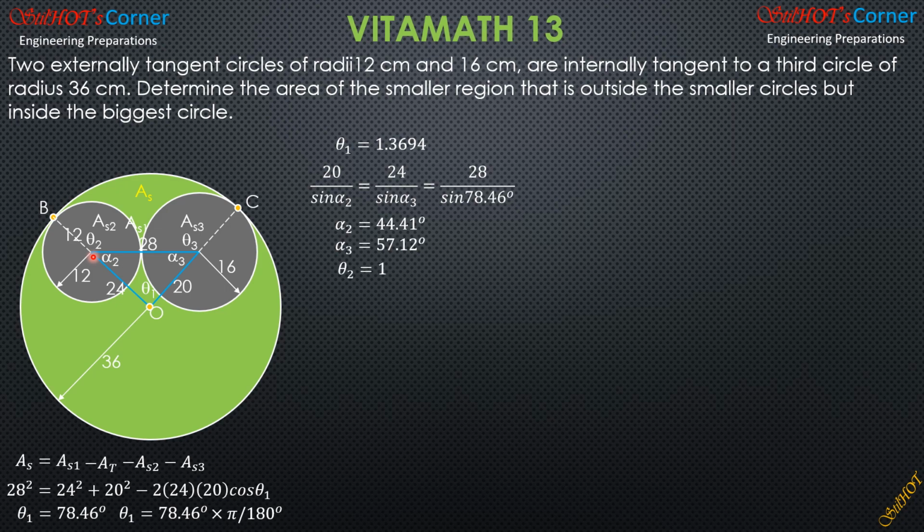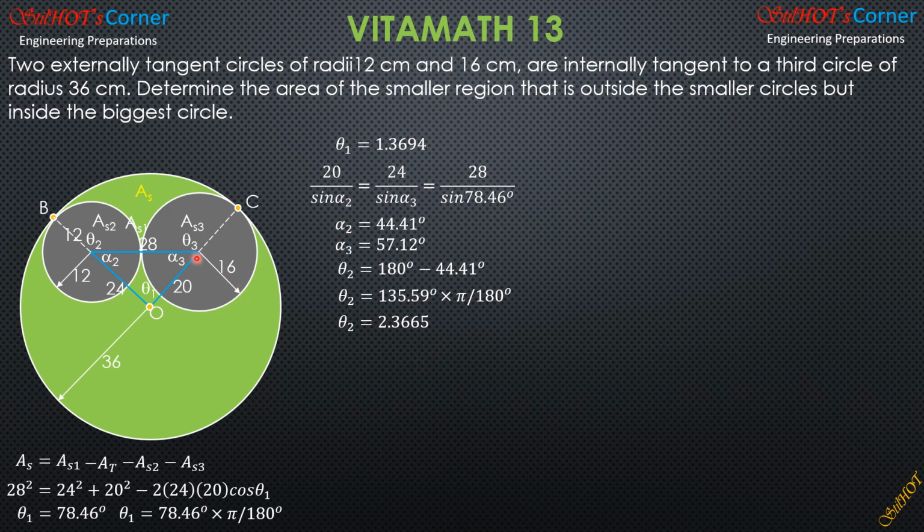So theta 2 is 180 degrees minus alpha 2. Then let's convert that to radians. Theta 2 is equal to 135.59 degrees times pi over 180 degrees. So theta 2 is equal to 2.3665 radians.